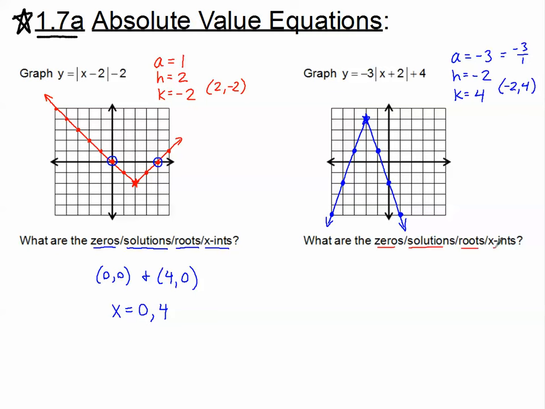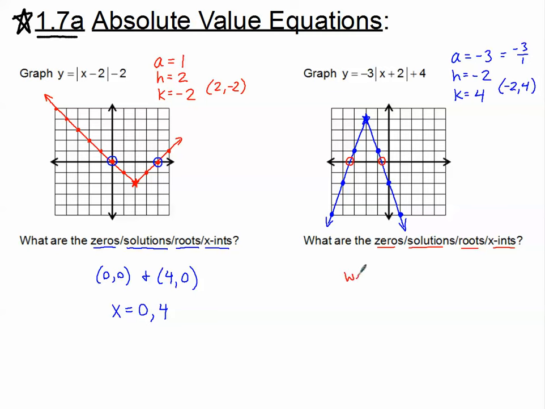What are the roots? What are the x-intercepts? Well, I see where they are. They're right there. But in this case, they're not nice integer coordinates like over here. Here, I know that it's in between negative 3 and negative 4, but I don't know exactly what it is. I know that this one is in between negative 1 and 0, but I don't know exactly what it is.